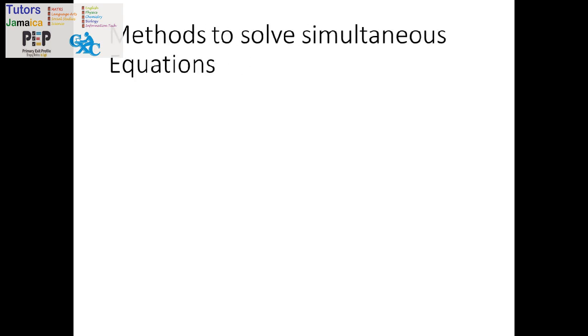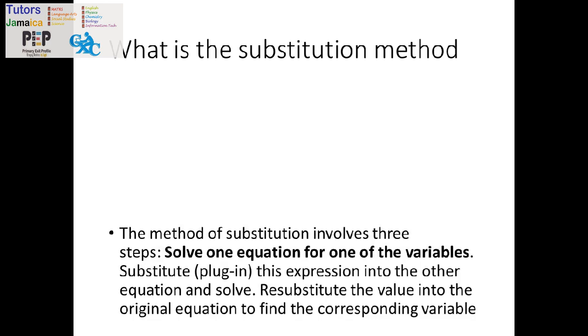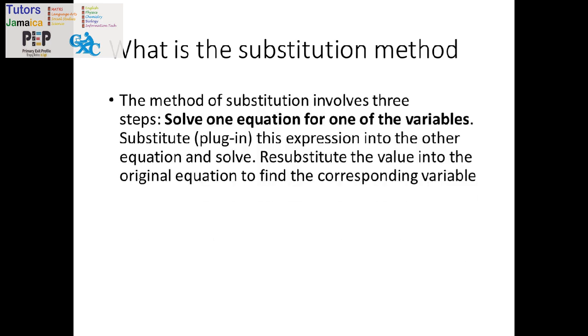So what are the methods to solving a simultaneous equation? Well, there are two methods. There is substitution, and of course there is elimination. So what is the substitution method? The substitution method involves three steps basically.